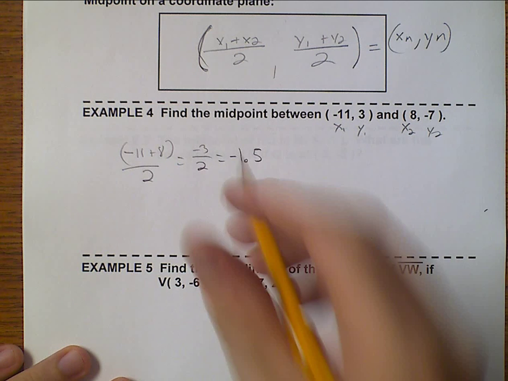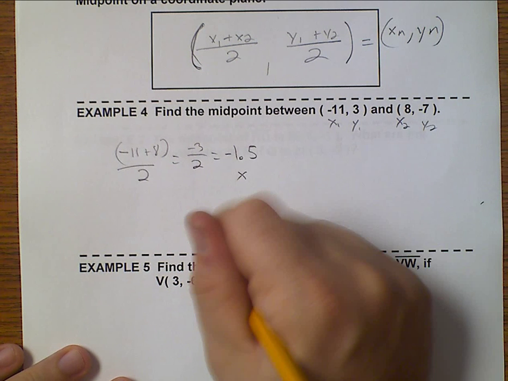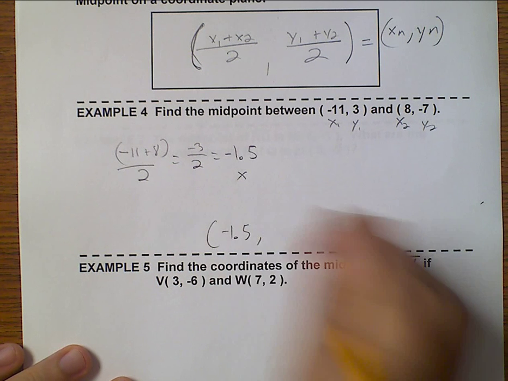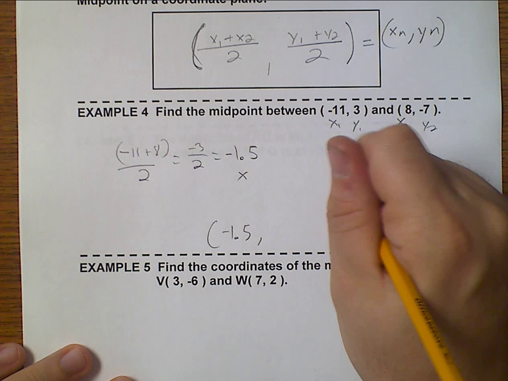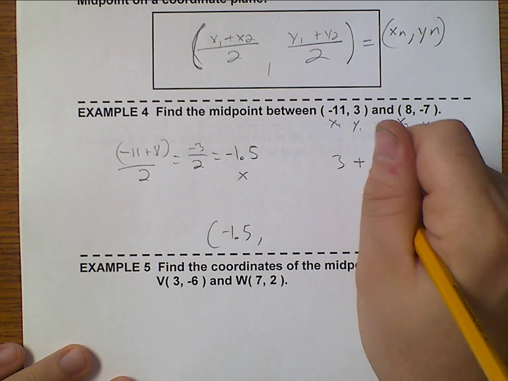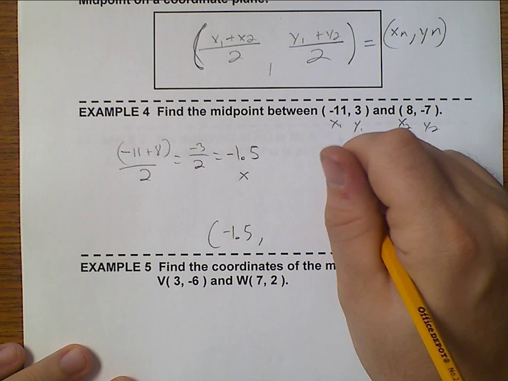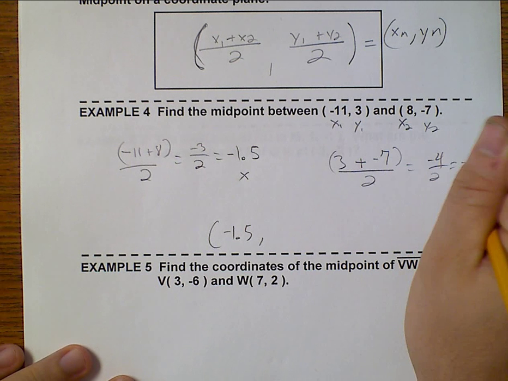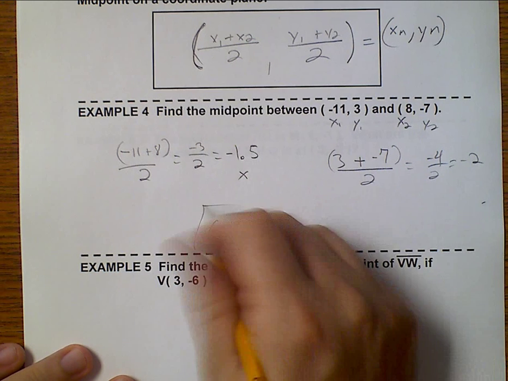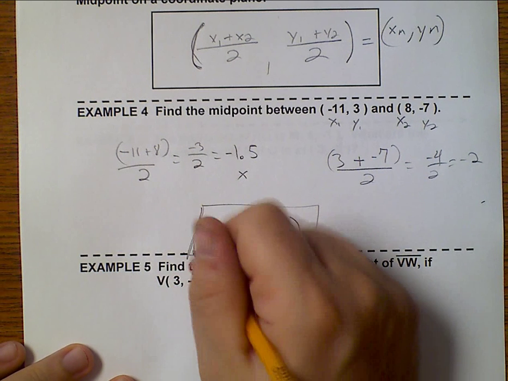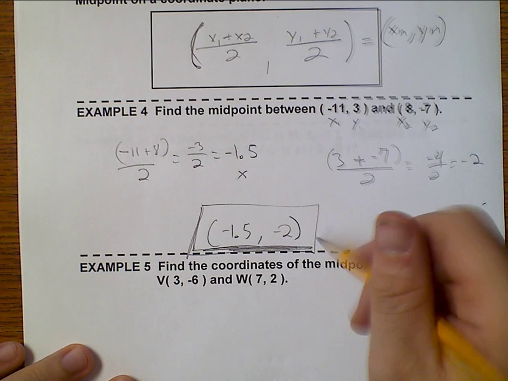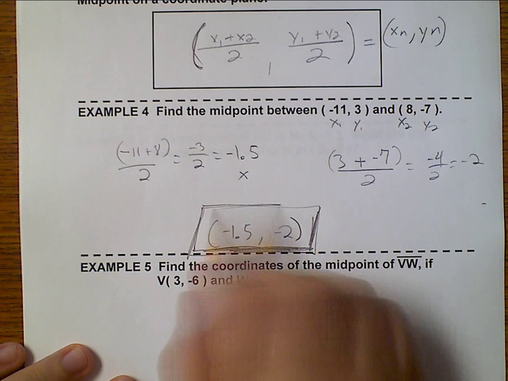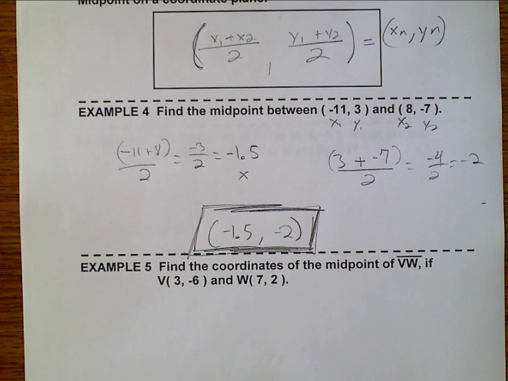That's my x value. For my y value, 3 plus negative 7 over 2 equals negative 4 over 2 equals negative 2. And so there we go.